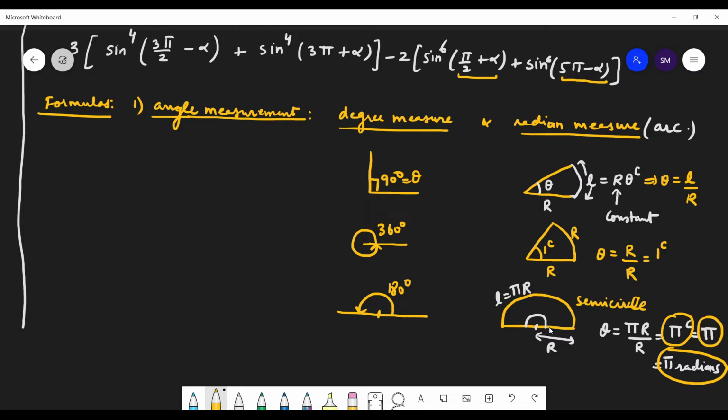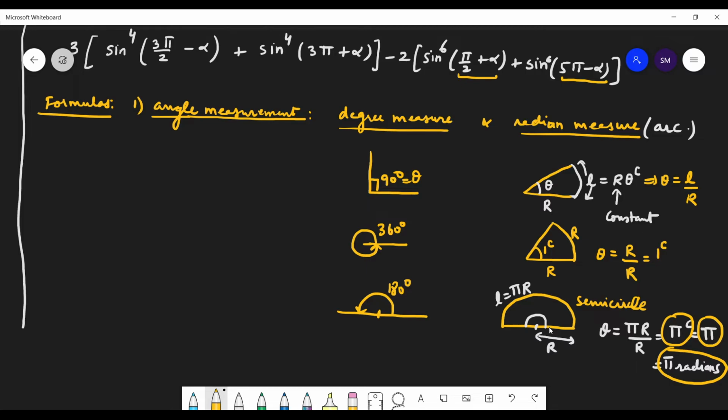When I start from this side and move in the anti-clockwise direction, I get positive angles. Again this is 90, so the total will be 180. Again adding, it's better if I write here 180 degrees.